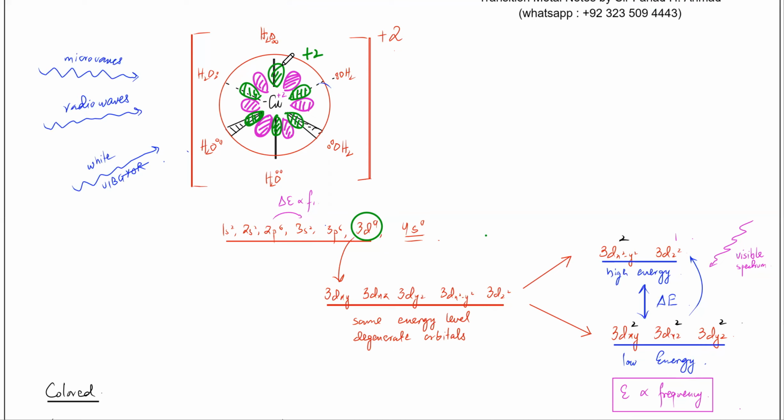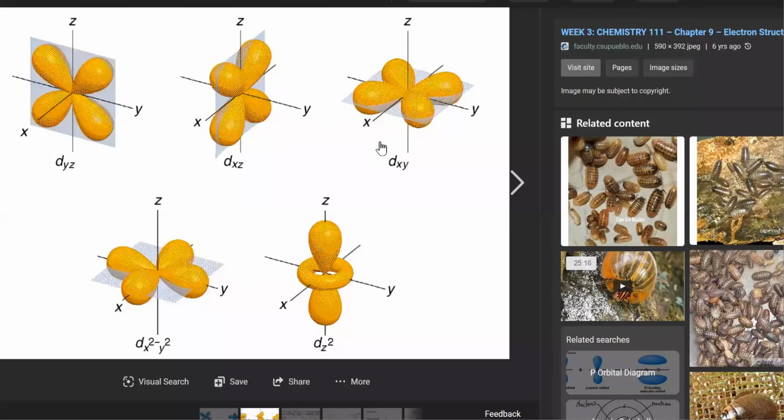Yes. So what's going on now is that the ones on the axis are at a higher energy. Dx square minus y square and dz square, which I showed you in the picture over here, are at a much higher energy level.